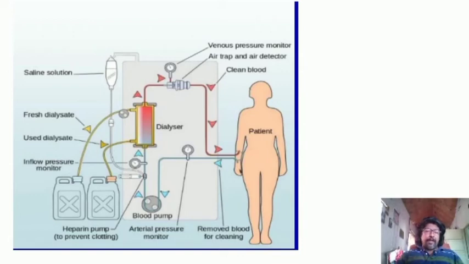The purpose of the heparin pump I have discussed in the previous slides. If you want, you can go through our previous video, right? And the dialysing machine is there, and as you see, the air bubbles should not be allowed to enter into the body stream. So air trap should be there, air detector or air bubble trap should be there, and that should avoid any eventualities, right?